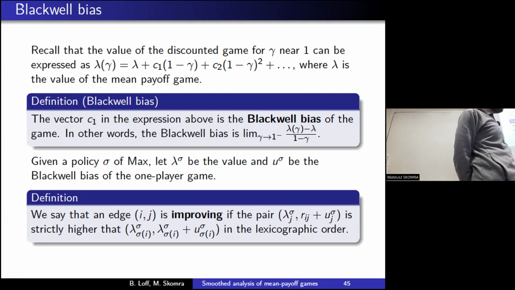So I can tell you what is the interpretation of this. Well, this is the weird interpretation. But imagine that you are playing a discounted game for a very high discount factor. Now your value at your state develops into this kind of series, and the value of your neighbor develops in the same series, right?